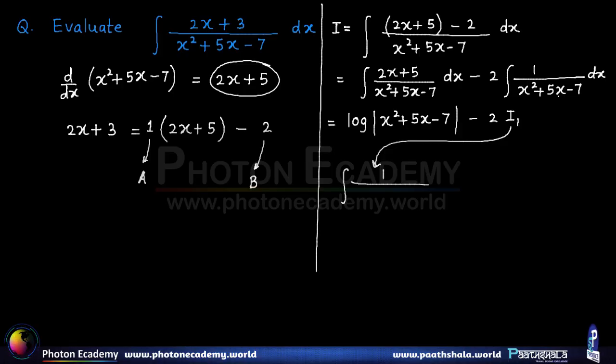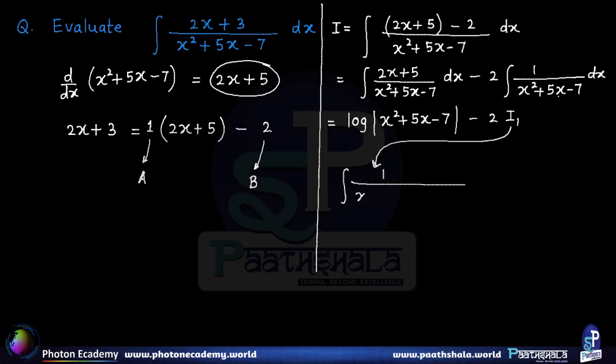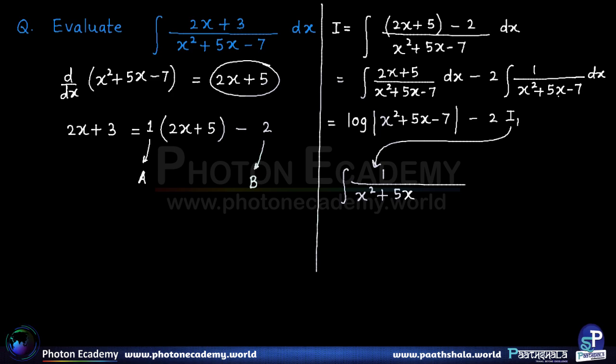So since we have a quadratic, we want to complete the square, so therefore that is x square plus 5x. Now to complete the square, we must divide the middle coefficient, that is 5, by 2, which is 5 by 2, and add and subtract its square, so that is plus or minus 25 by 4, right? So that is minus 25 by 4 minus 7.